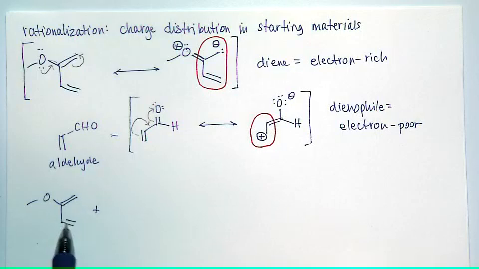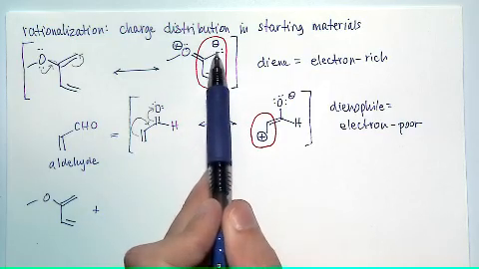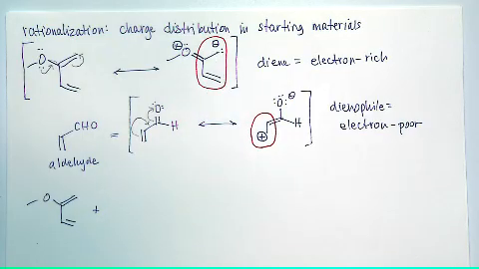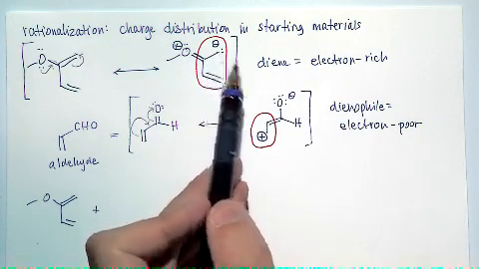So that's the important part of the diene, where you draw the mechanism. And so we see that that carbon up there in that resonance structure has a formal negative charge.